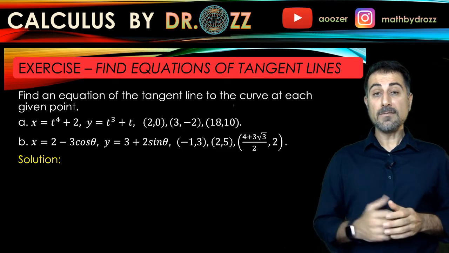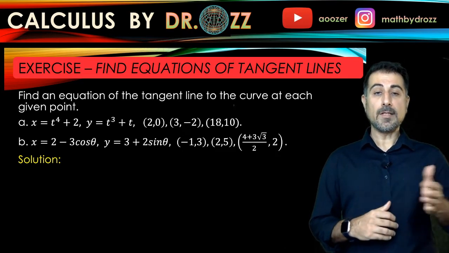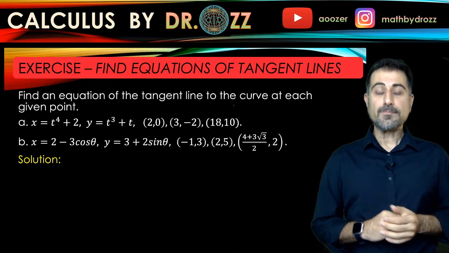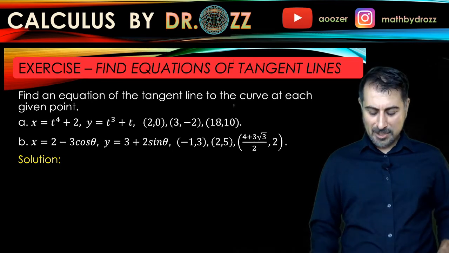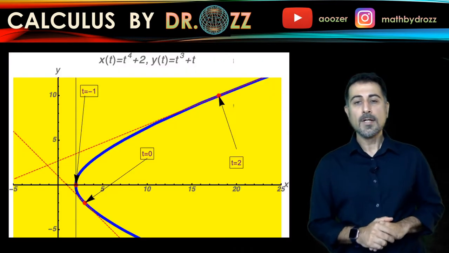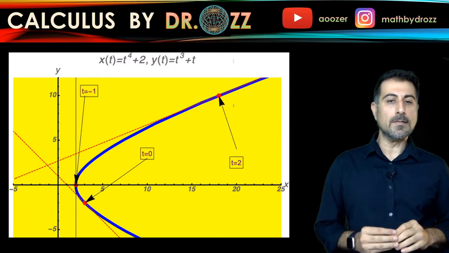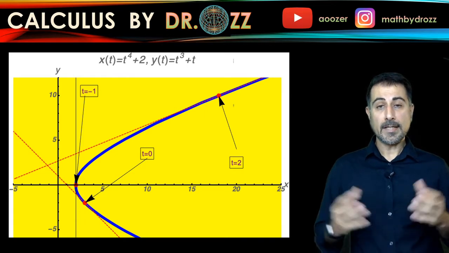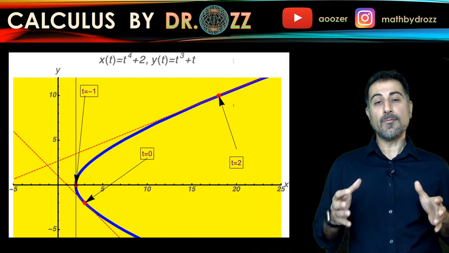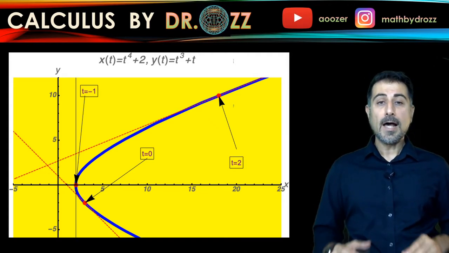In fact, we're given 3 points for each parametrized curve, and we will have 3 different tangent lines for each case. Just to show you what you're going to be getting into, first of all, we will be able to graph the parametric equations and get a good visual, and then check what t values correspond to the given points.